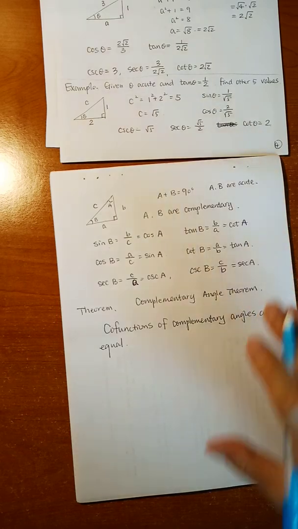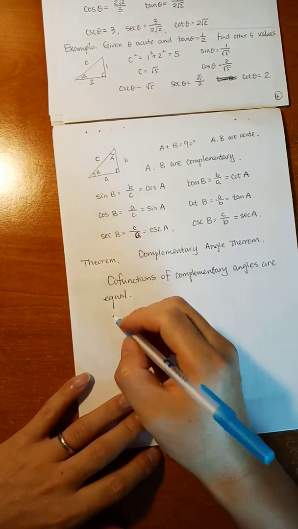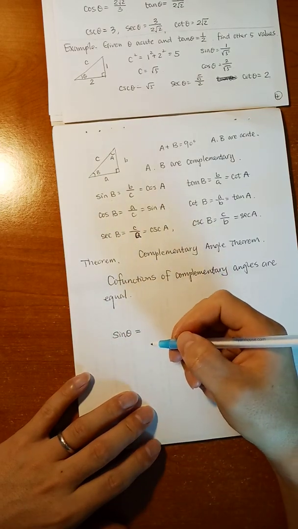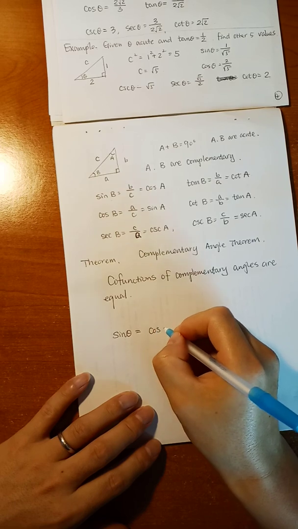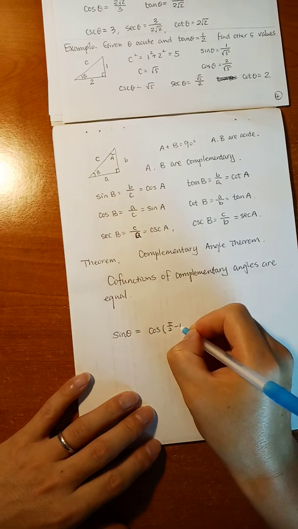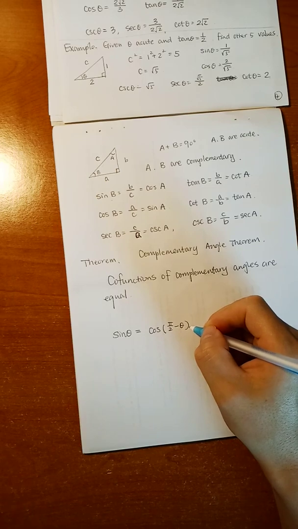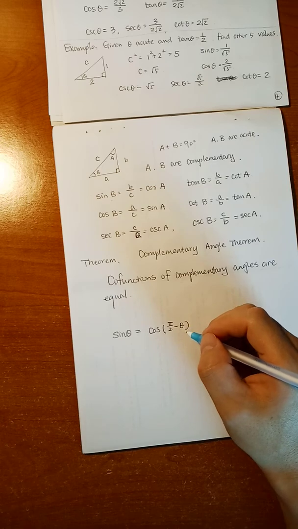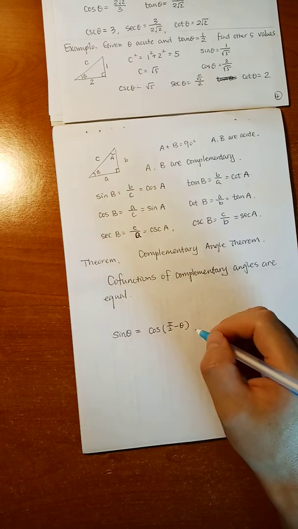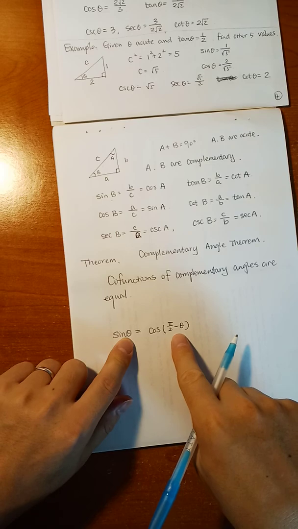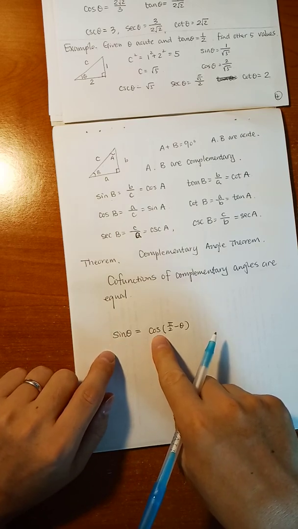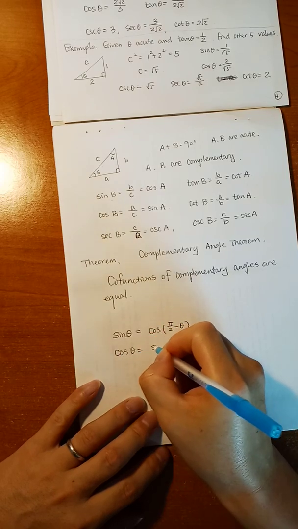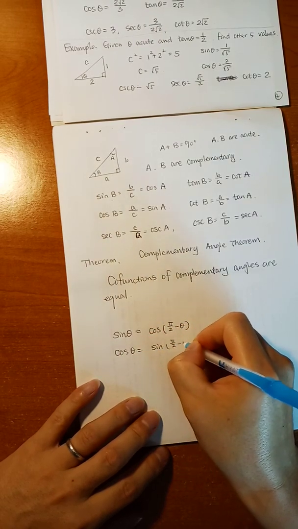Okay? So whenever you have sine theta, it is equal to cosine. If you get cosine, you need its complementary. Its complementary is always 90 degrees minus theta, or pi over 2 minus theta, because the sum of them is pi over 2 or 90 degrees. So when you change it to its complementary, you put co, or you remove the co. You see here, this is cosine of theta. It's sine of pi over 2 minus theta.